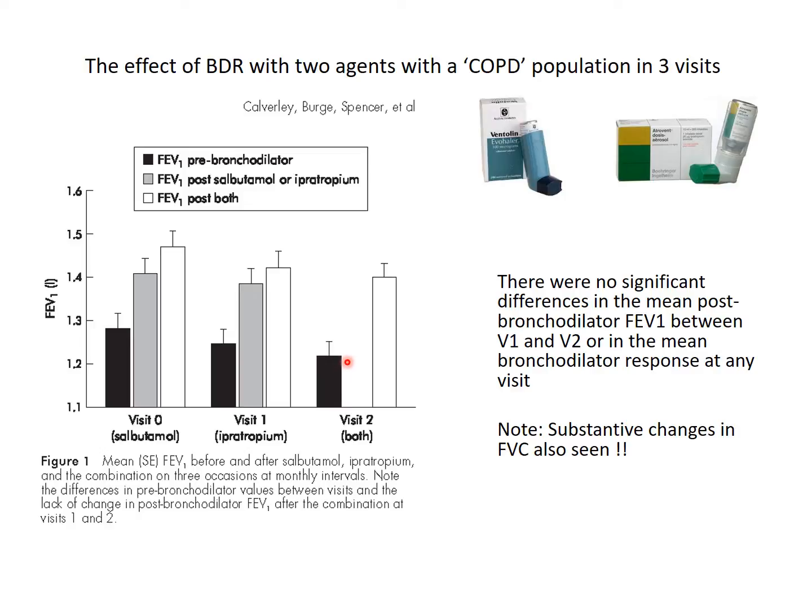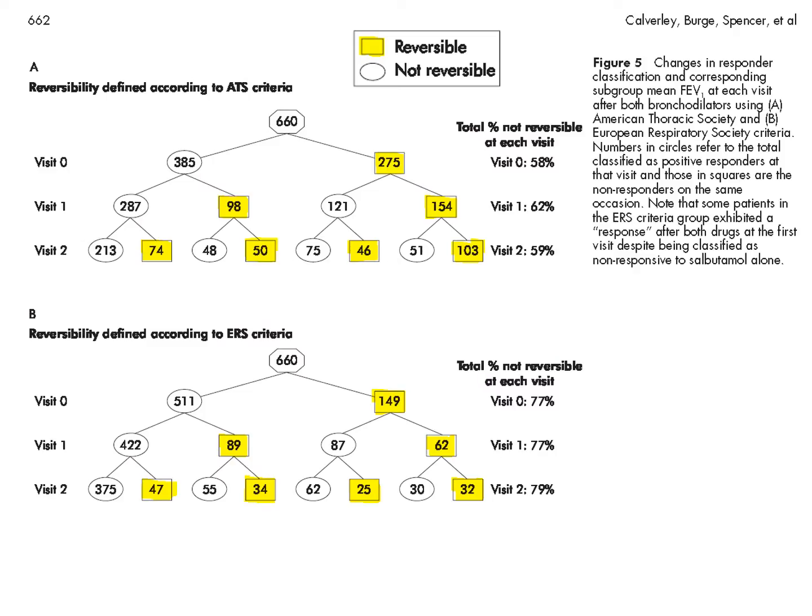And on visit 2, pre-bronchodilator, and then no intermediate spirometry. They had both types and the post-bronchodilator spirometry. Now, the paper has lots about their FVC, which also changed, and there is information in that, but I can't include it in this talk. It will go on too long. So this is one of the most interesting things.